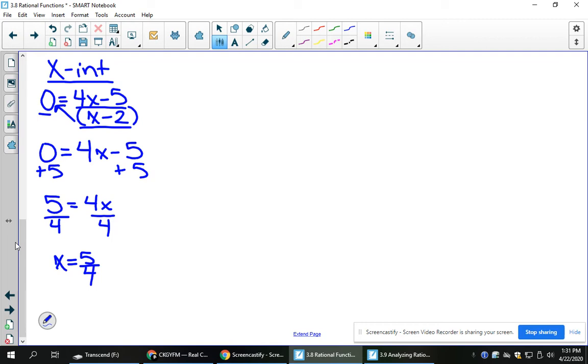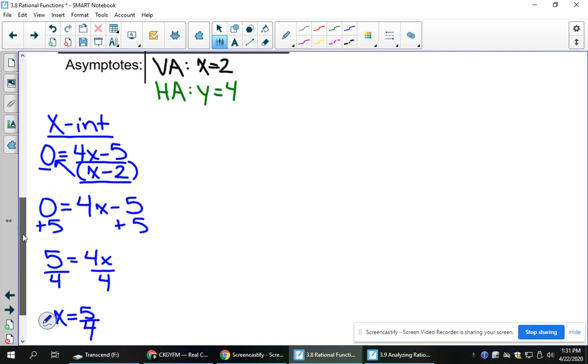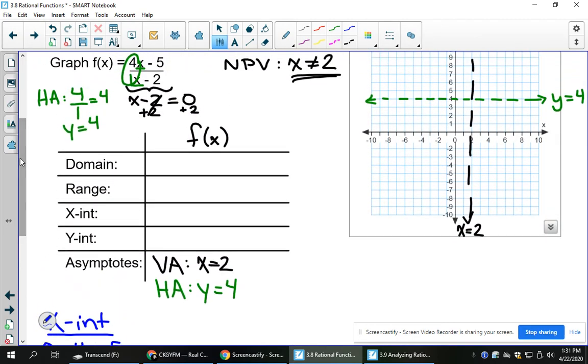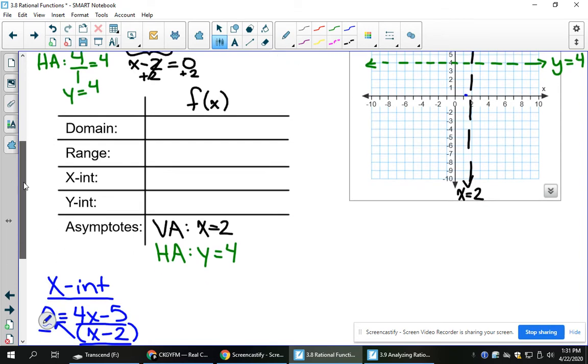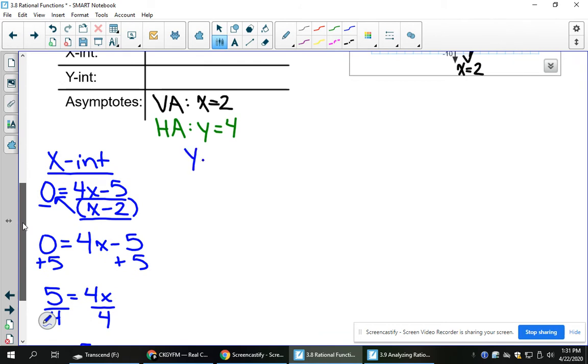Go ahead and put that point on your picture. Crosses the x-axis at about 1.25. And let's do the same process for the y-intercept. Y-intercepts are going to have an x value of 0. So in my original equation, wherever I had an x, I'm going to write a 0 instead.